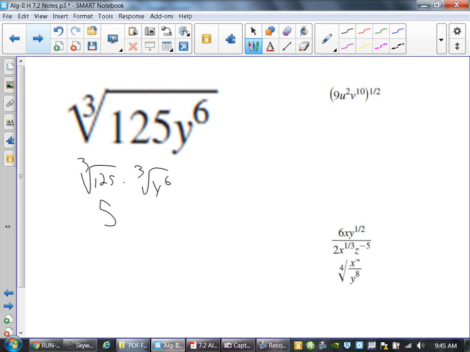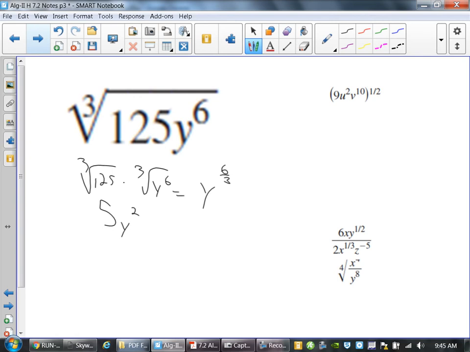When you have nth roots, you can always rewrite as exponents. This is y to the 6 over 3, which is 2. So the cube root of y to the 6 is y squared, and it's simplified.